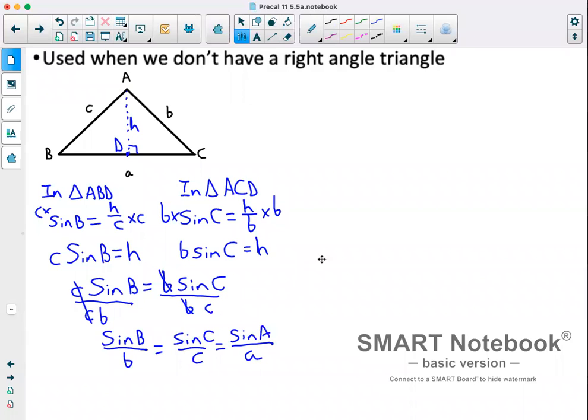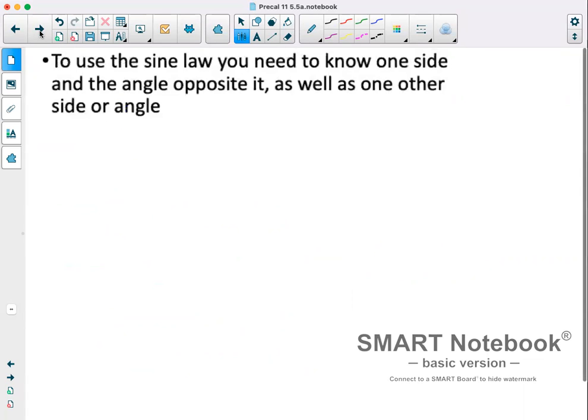I could also write this with the sides in the numerators as A over sine A equals B over sine B equals C over sine C. This form I would use for solving for side lengths because they're in the numerators, so less rearranging to solve. To use the sine law, we need to know one side and the angle opposite it, as well as one other side or angle.